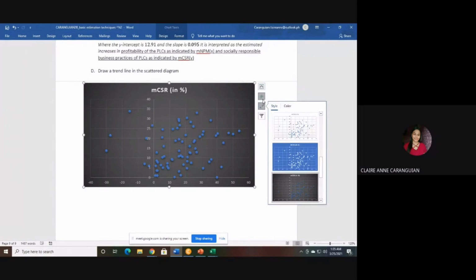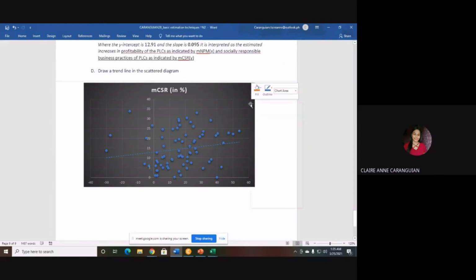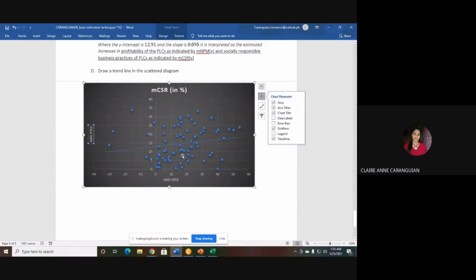And next, click mo tong plus. So, makikita mo yung trend line. Yan yung trend line. So, basically, iyan na yun. Dagdagan lang tayo ng axis title. So, dito natin ilalagay yung na-compute nating y.